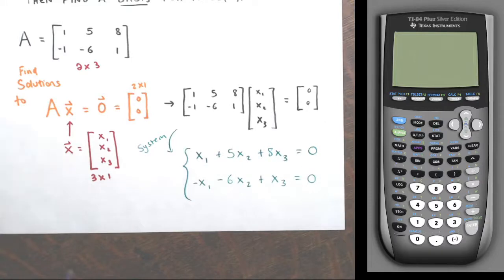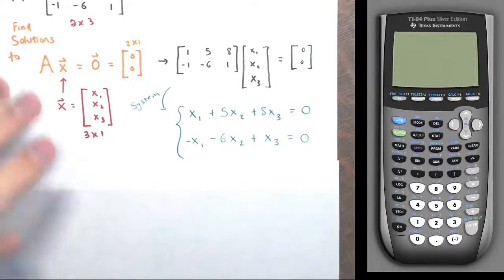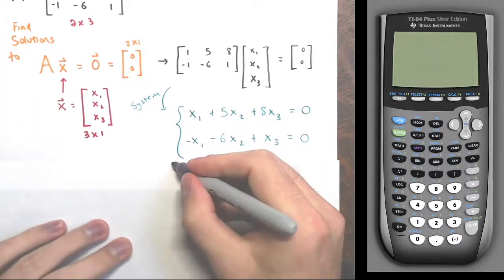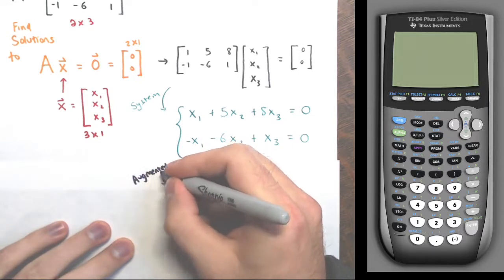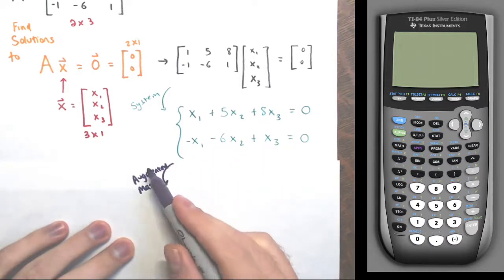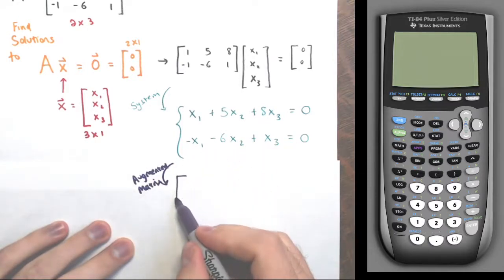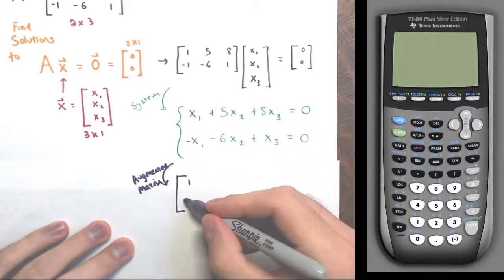And then, as with any system of linear equations, the way I like to solve them is to write the corresponding augmented matrix. So as an augmented matrix, down the first column, write the coefficients of x1, so 1, negative 1.